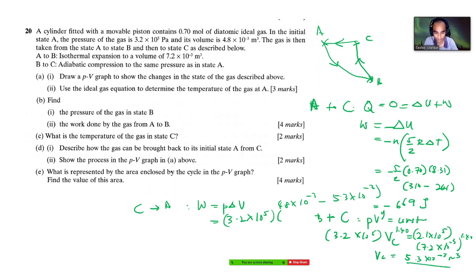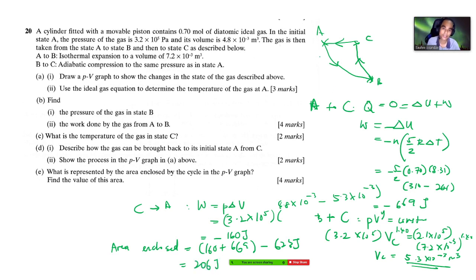It came from here, down here, and we have work equals negative 160 joule. So the area enclosed is minus 160 plus 669 minus 623 joule. There you have 206 joule. So the area over here is 206 joule.